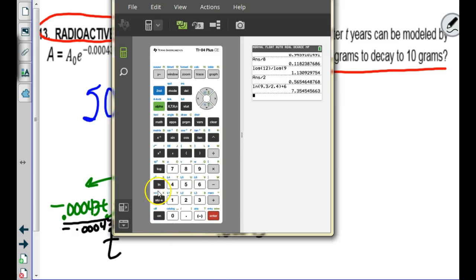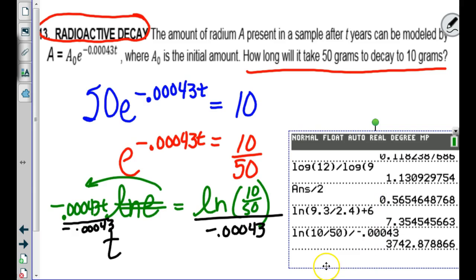So the ln of 10 over 50, close parenthesis, divided by negative 0.00043 is about 3,743 years until this is down to 10 grams.